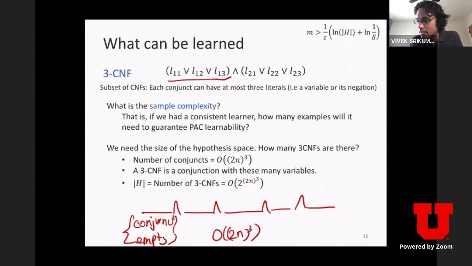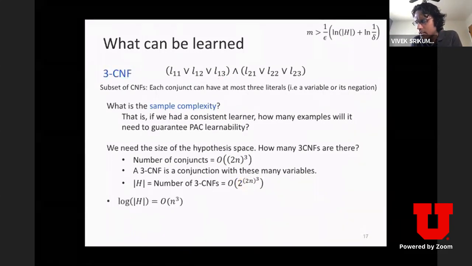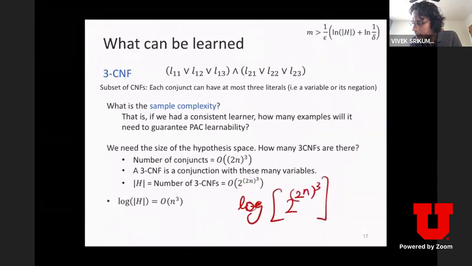And that means the log of this quantity is roughly order of n cubed. It's a polynomial, and it's a cubic polynomial, right? Because the log of 2 power 2n cubed is order of n cubed.